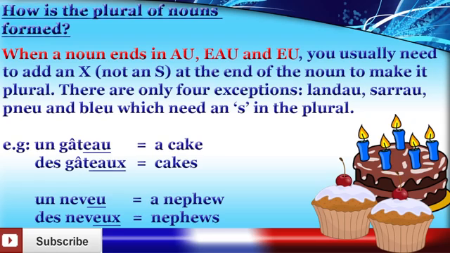So, for example, un gâteau, a cake, des gâteaux, cakes, un neveu, a nephew, des neveux, nephews. Notice that the X which forms the plural is silent.